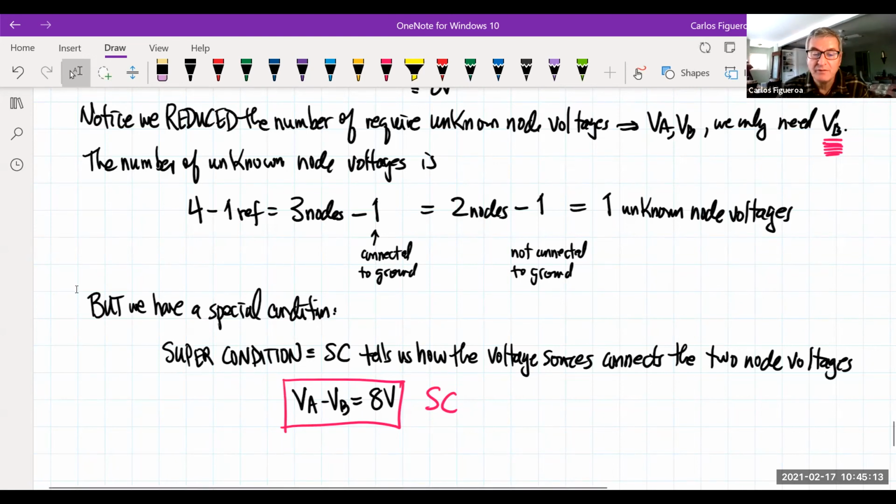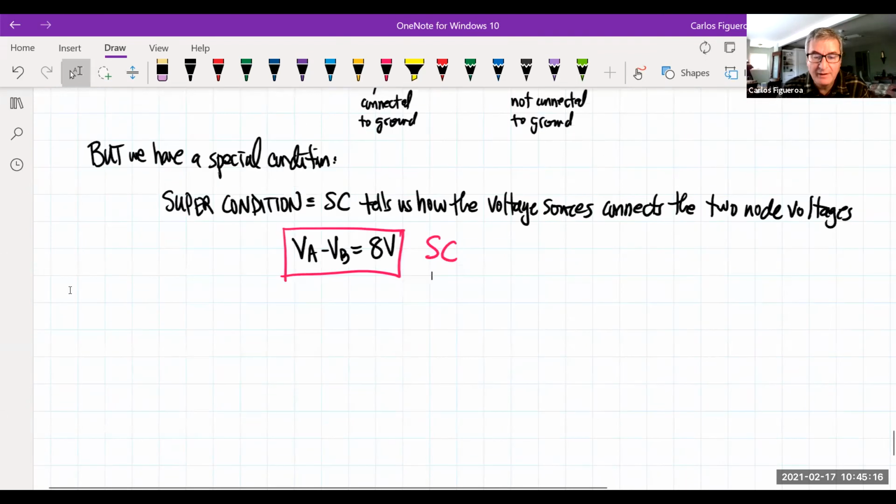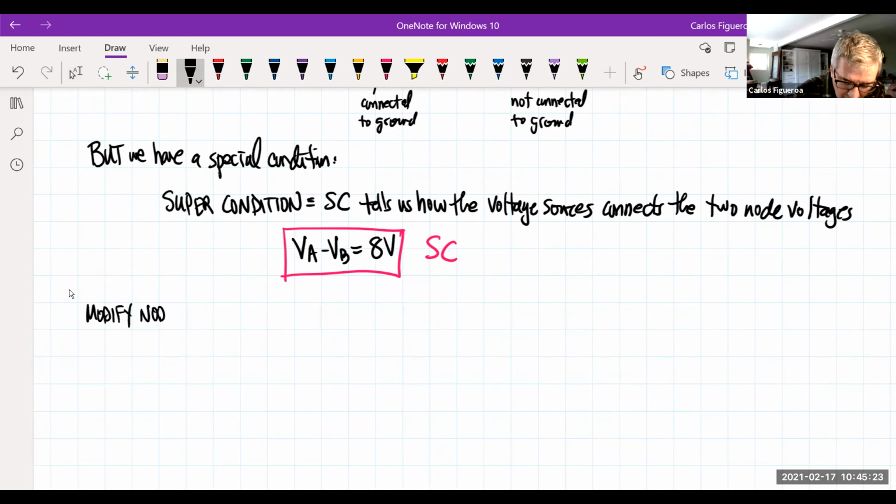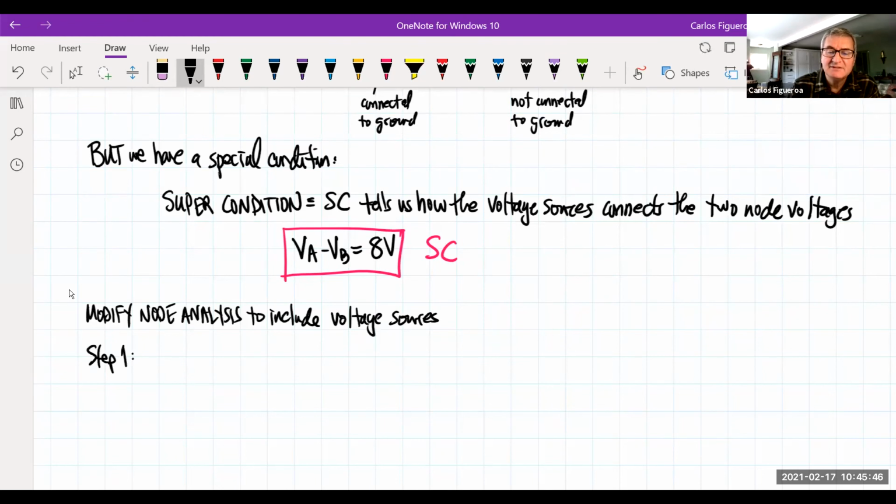So here we go. The way we modify node analysis to include voltage sources goes like this. The first step doesn't change. We count the number of nodes, right?